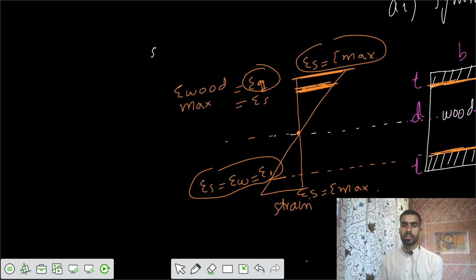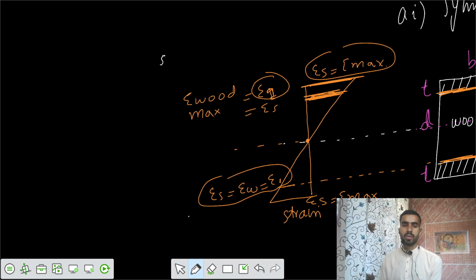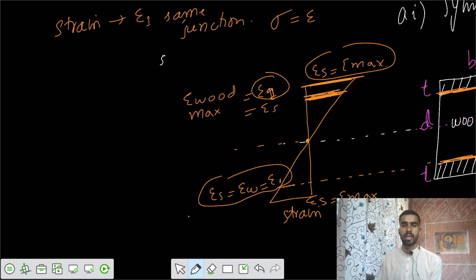Then, what is the variation of stress? The strain at the junction is the same, but stresses won't be the same at the junction because we have Hooke's law, strain into E. So stress is a function of E also.